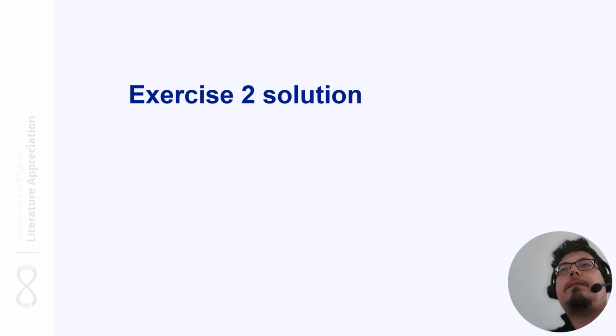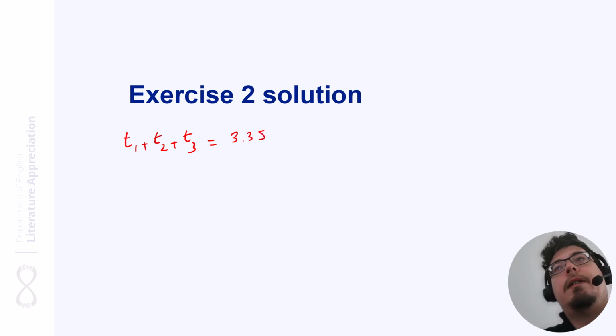So first of all, we know that the total time t1 plus t2 plus t3 is equal to 3 hours point 35.